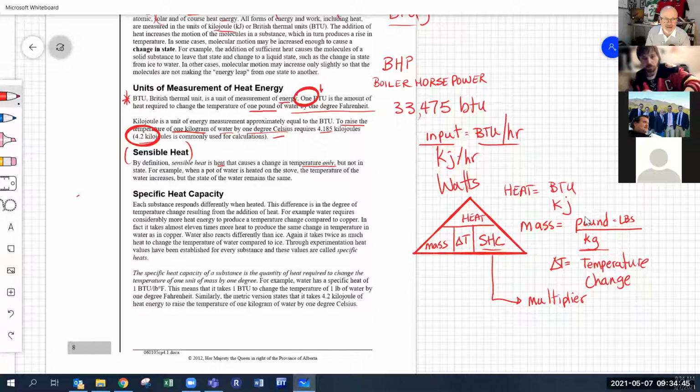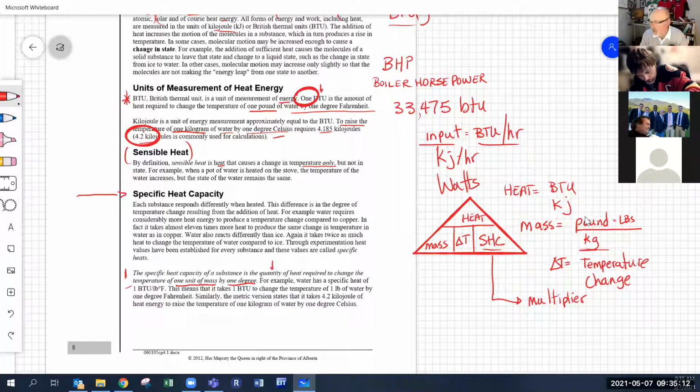And here gives us the definition of specific heat capacity, and it is down here. The specific heat capacity of a substance is the quantity of heat required to change the temperature of 1 unit of mass by 1 degree.